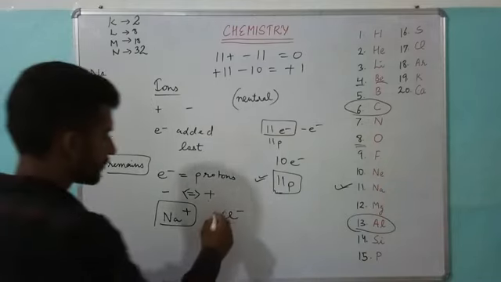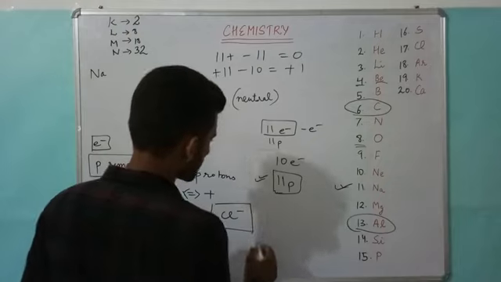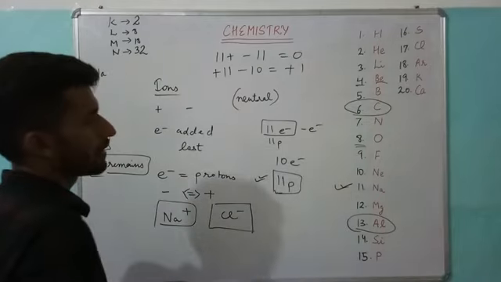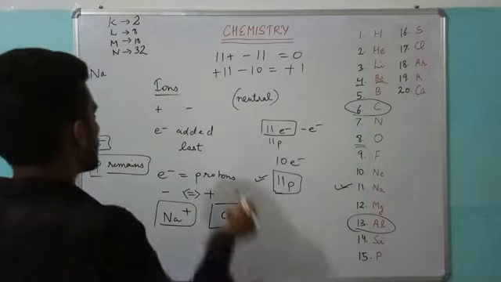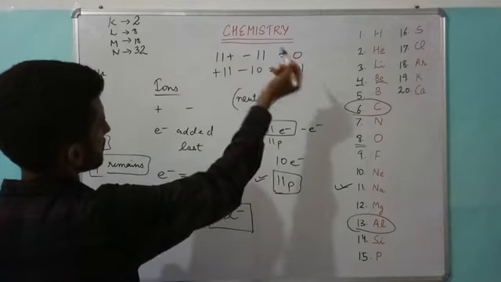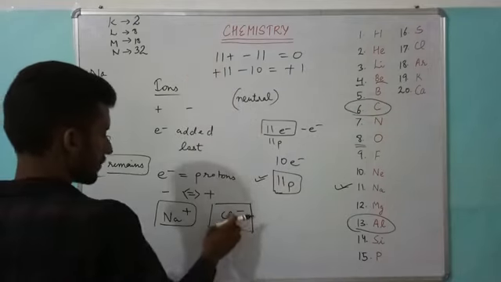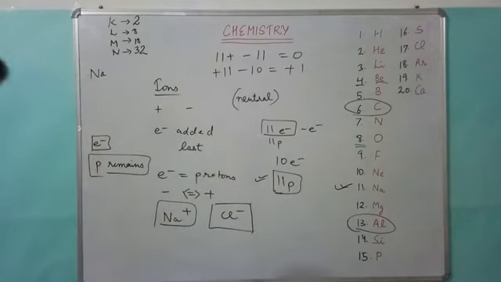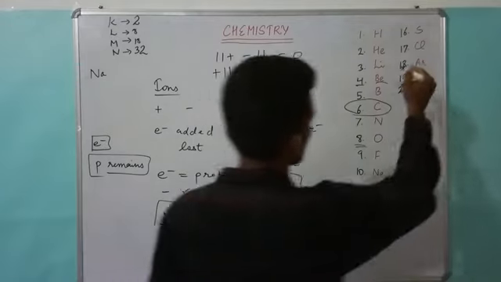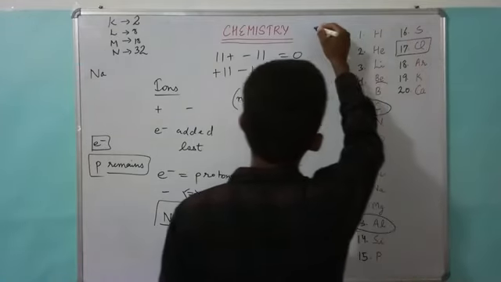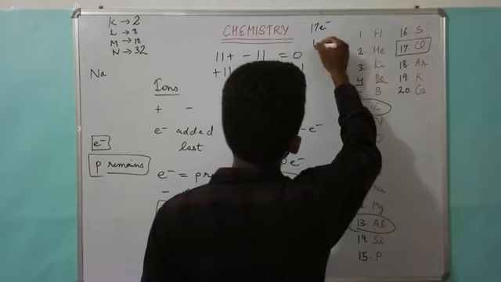And when an atom gains an electron, it acquires a negative charge, due to the addition of one more negative charge. Like here, Cl negative is written. Chlorine in the normal state has 17 electrons and 17 protons.